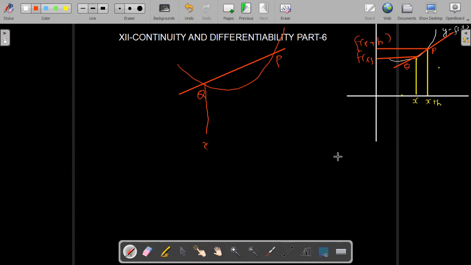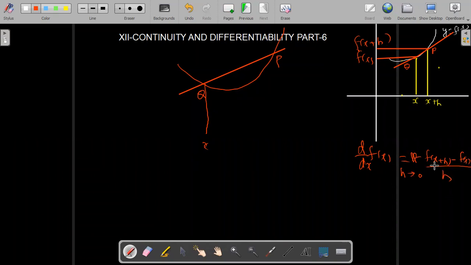Why are we saying that dy by dx is the derivative? Yesterday we have seen d by dx of f(x) is equal to limit h tending to 0, f(x plus h) minus f(x), divided by h.